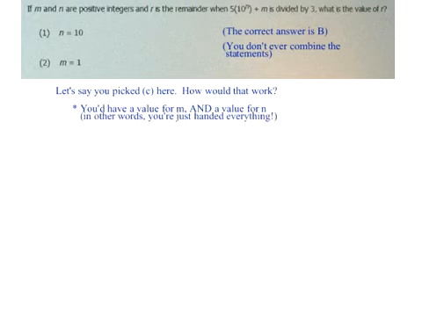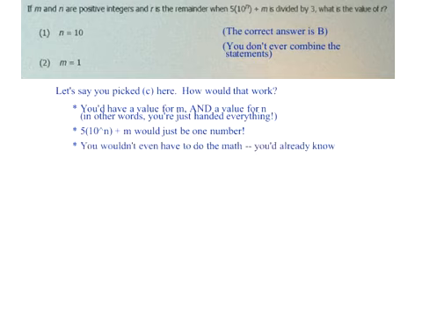So then 5 times 10 to the n plus 3 would just be a number. And so you wouldn't even have to do the math, because you just know already there's only one outcome.